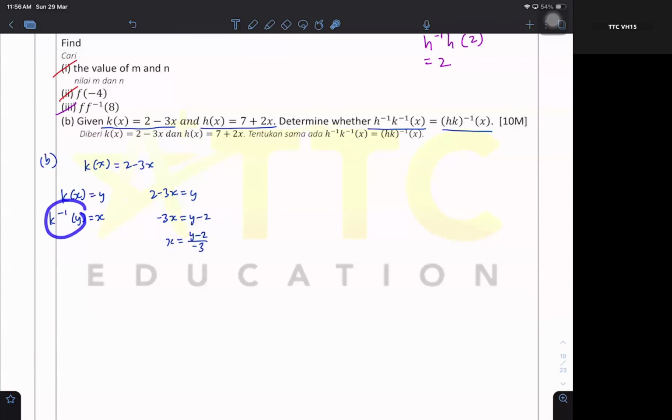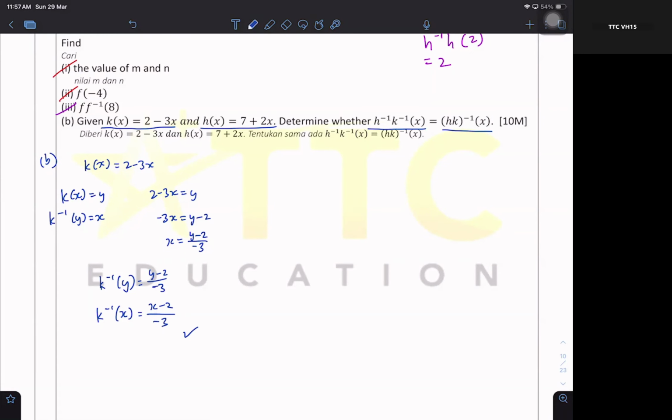You take this one and this one join together. So k inverse y equals to y minus 2 over negative 3. Then last you change to x. So that's the k inverse. k inverse x equals to x minus 2 over negative 3.